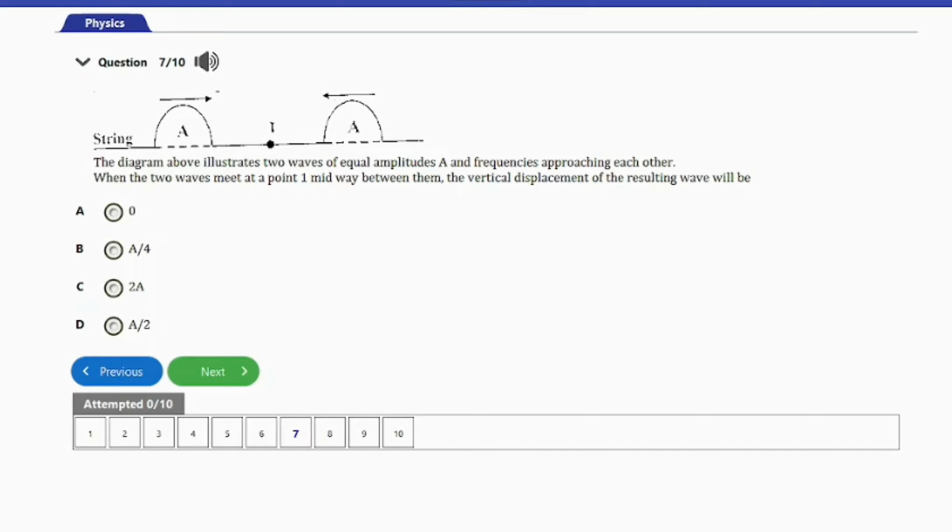When the two waves meet at a point midway between them, the vertical displacement of the resulting wave will be, so guys, that will be 2A, because the amplitudes of the two waves add together. Since the two waves have equal amplitudes and frequency and are approaching each other, option C is the answer to this question. Let's go ahead and consider the next question, guys.